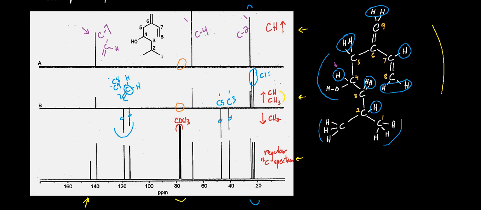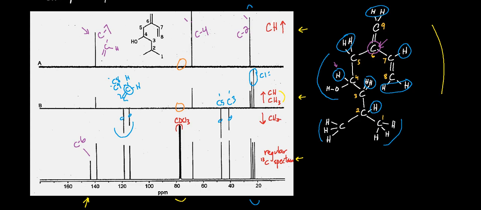What is left unassigned? Is there anything? I guess that's it. The quaternary is where? Right there. That's the quaternary carbon, C6. Yep. And I think that's about it. So at least it's easily seen that DEPT can really help assign a lot more atoms than we had been able to previously.